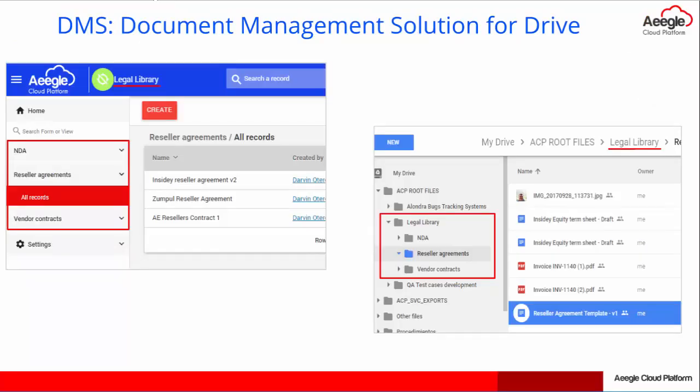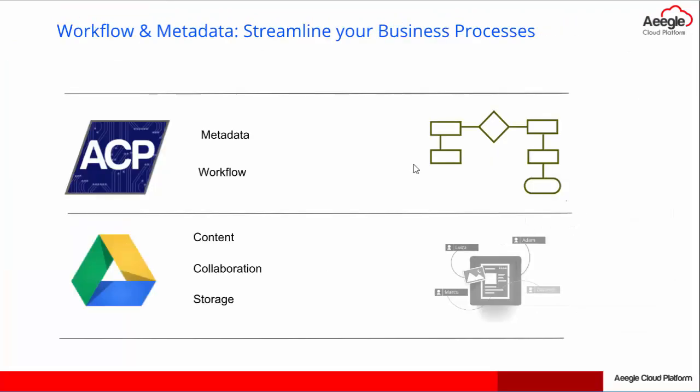Going back to my presentation, if I move to the next slide, when we talk about the document management system, we talk about the deep integration that exists between ACP and Google Drive. But the benefit that ACP brings with this integration is that you can not only upload, not only read or view the files that you store in Google Drive.